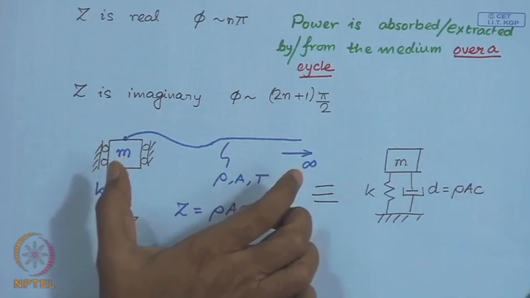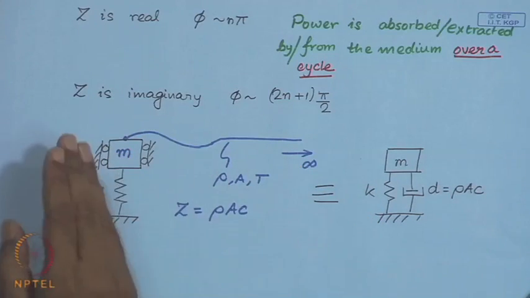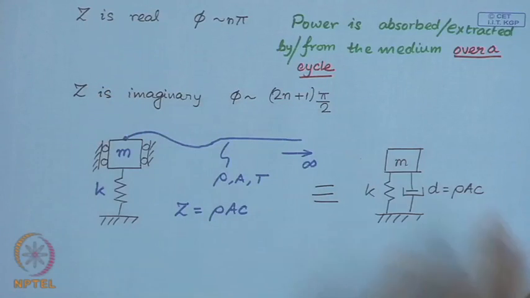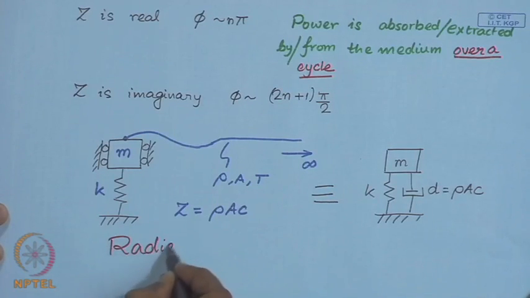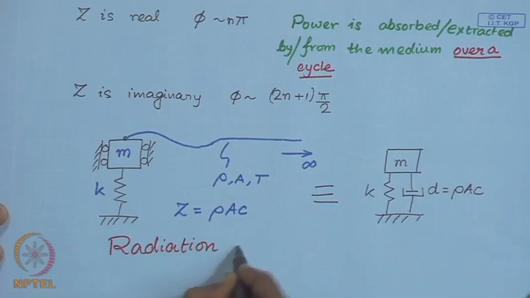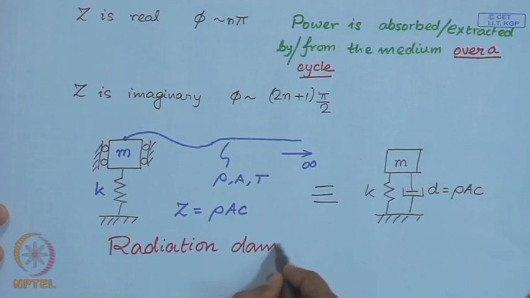So, here the medium is absorbing the energy, and so this system is actually radiating out the energy into the medium, which is the string. So, this is an example of radiation damping. This example illustrates what radiation damping is, and we will discuss this phenomenon later on as well.